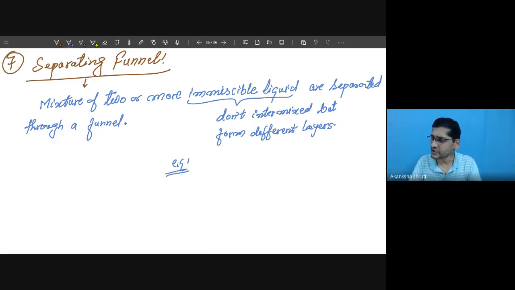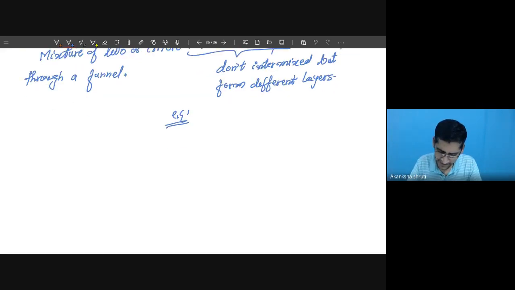If we add kerosene oil in water, then you will observe that kerosene oil is floating over the water surface, and water will form a separate layer. And if you observe this in a test tube or in a transparent glass, then these two layers are visible clearly.